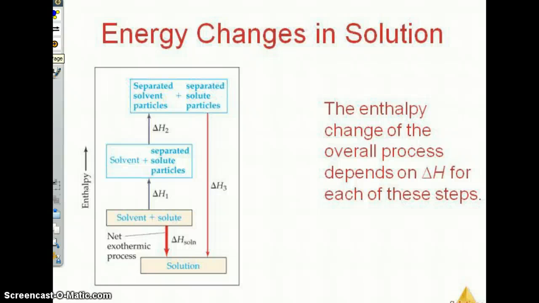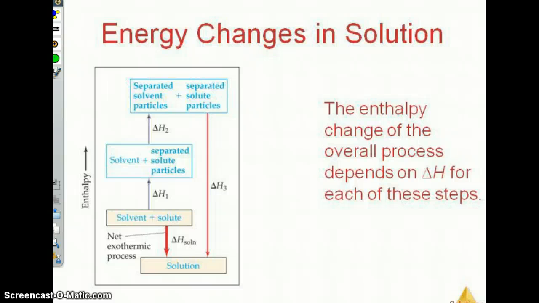Kind of very similar to what we did in the last chapter with the heating curve. We had to look at each step individually, and then to get the overall delta H for that process, we just added all the delta H's together. So this is looking kind of at the same thing, okay?